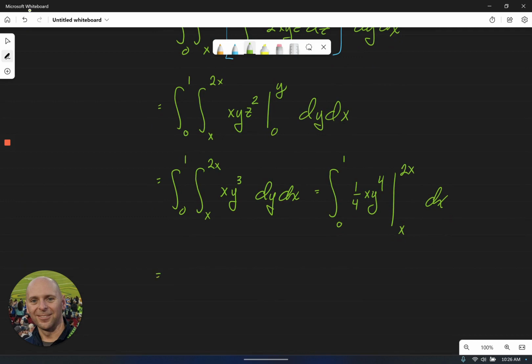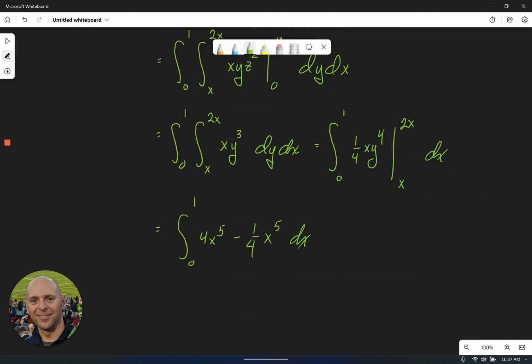Okay, evaluation, the integral from 0 to 1. Plugging in 2x for the upper limit, I'm going to have 4x to the 5th after it's all simplified, minus the evaluation at x, which is going to look like 1/4 x to the 5th, dx. Now this is just a standard single integral.